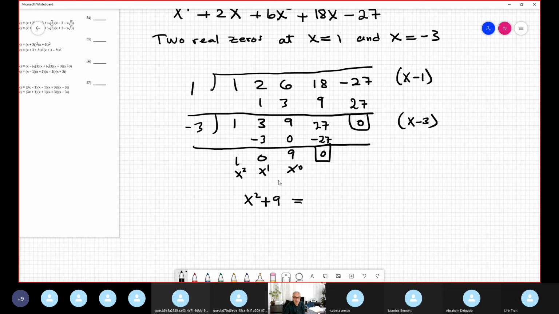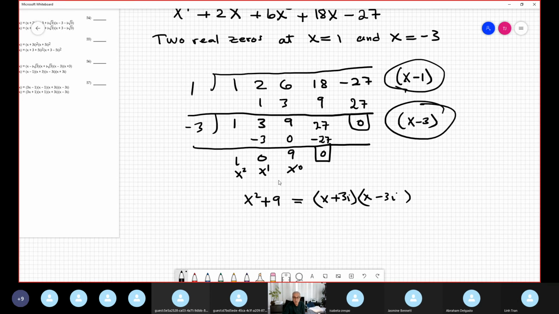Because I know very well that the factorization of this is x plus or minus 3i. But the factorization for this question is this factor times this factor times this factor times this factor. In this case, we are using only linear factors.